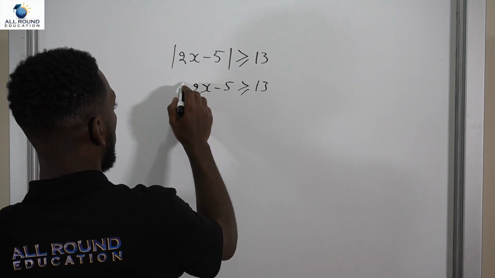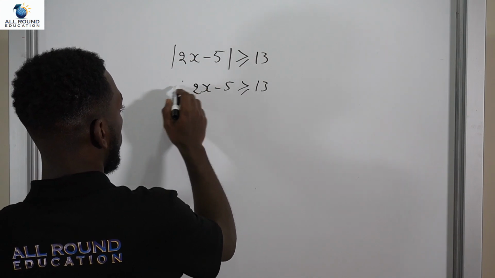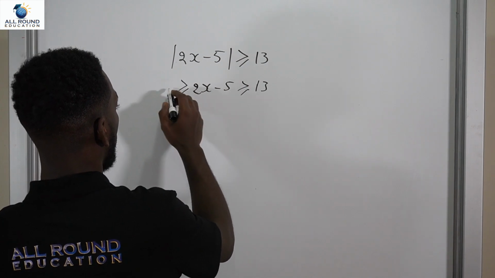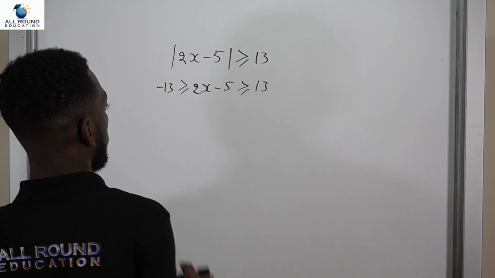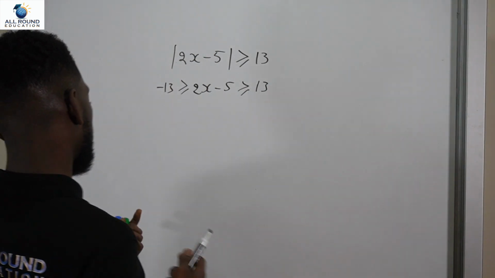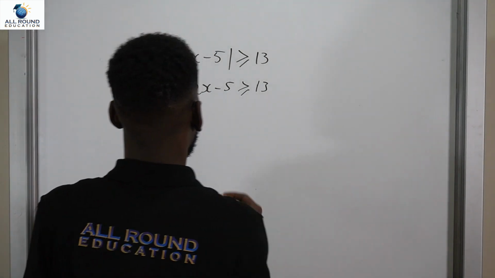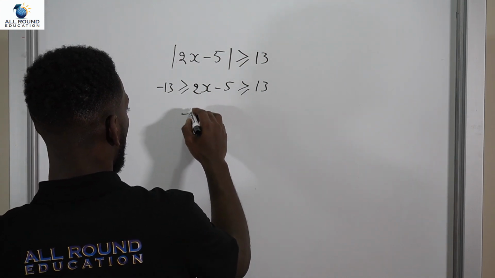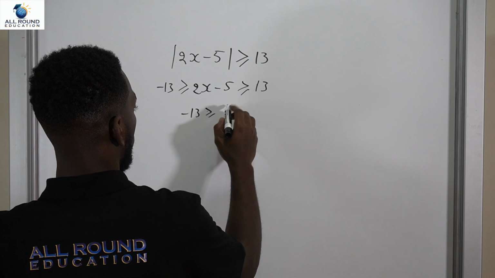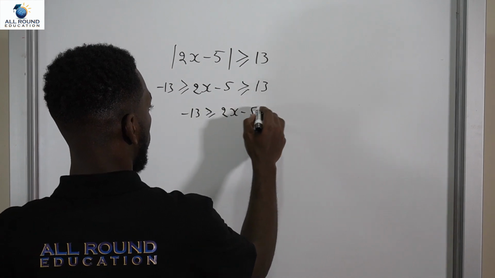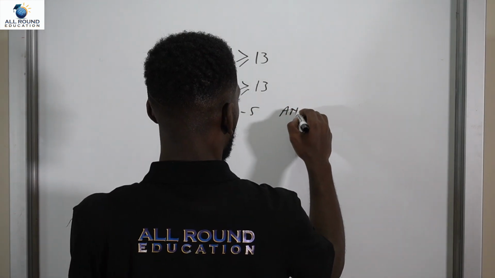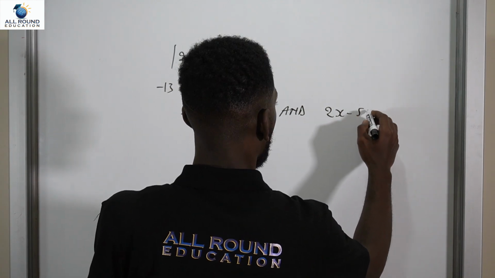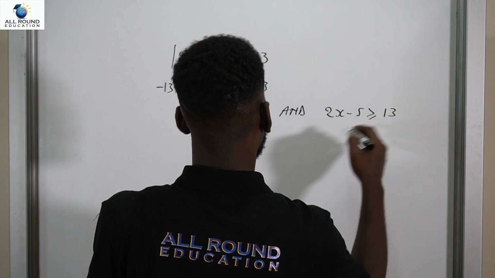So we have two cases: negative 13 is greater than or equal to 2x minus 5, and 2x minus 5 is greater than or equal to 13.